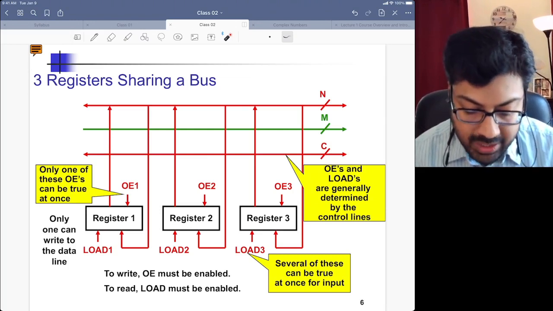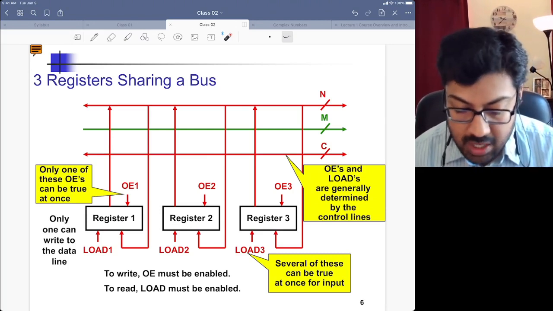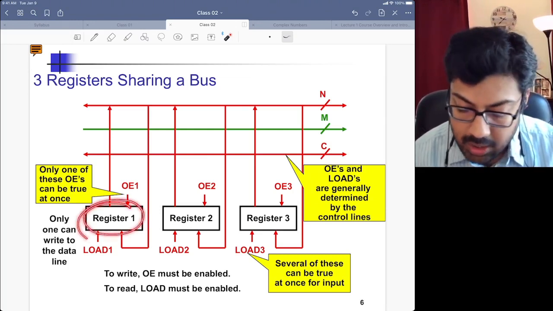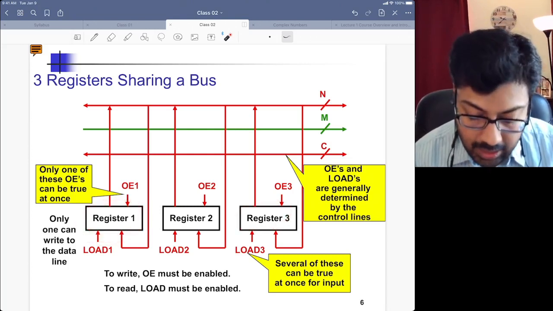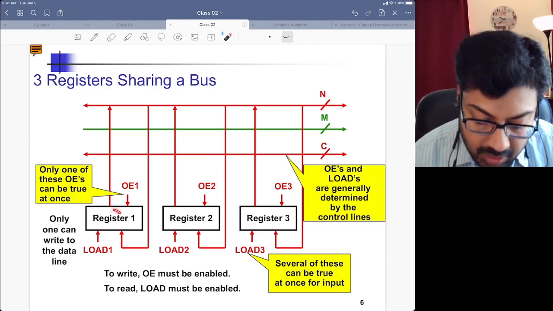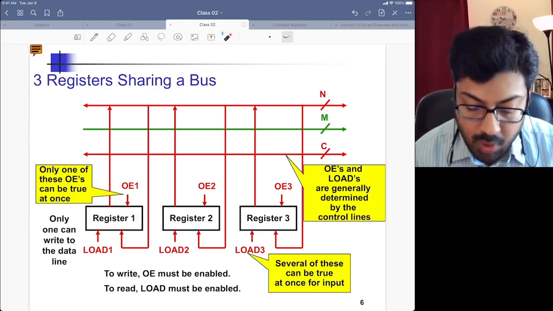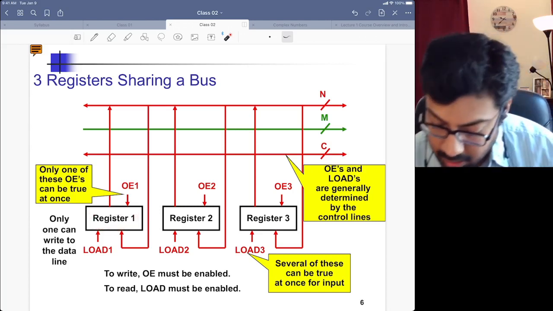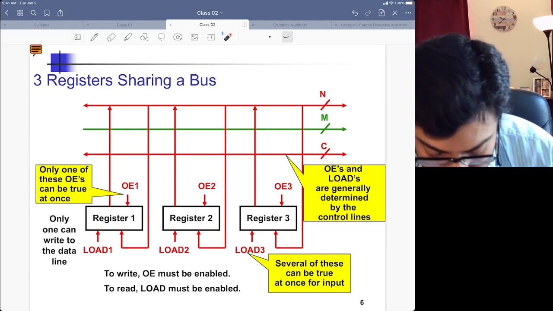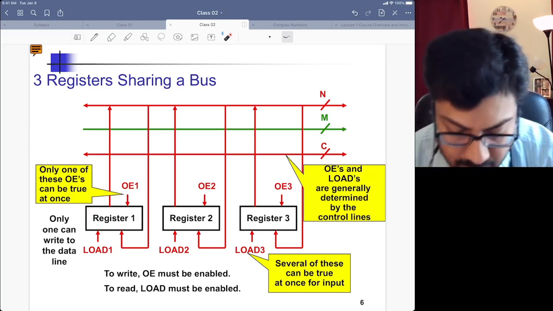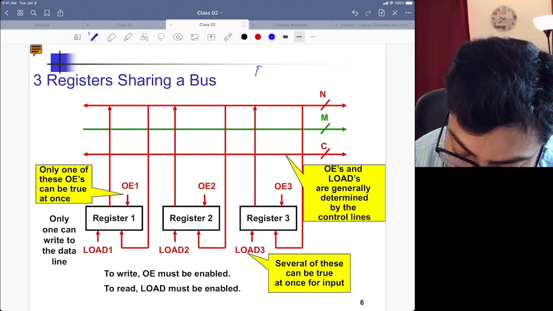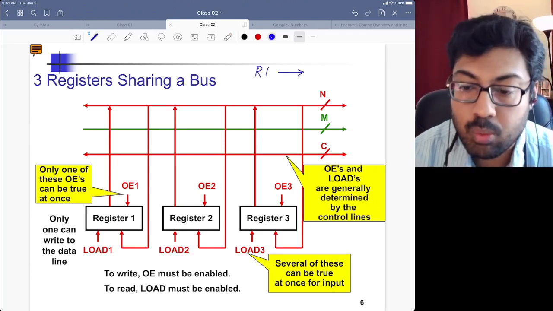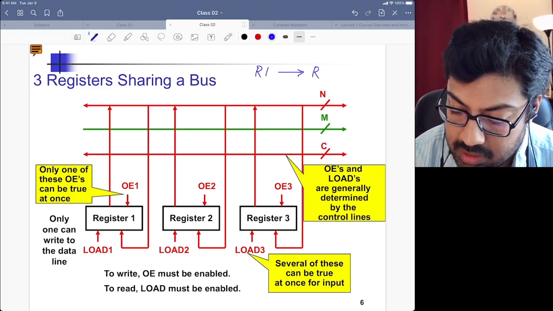So suppose you wanted to move contents of register 1 into register 3. What are you going to need to do? Well, if you want to read the contents of register 1, then... So suppose you want to do this. You want to move the contents of R1 to R3.